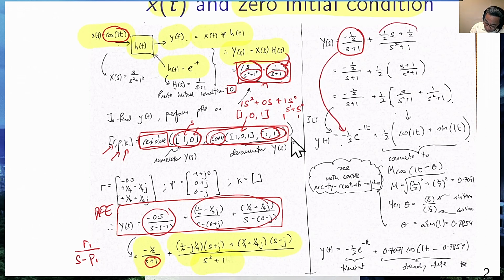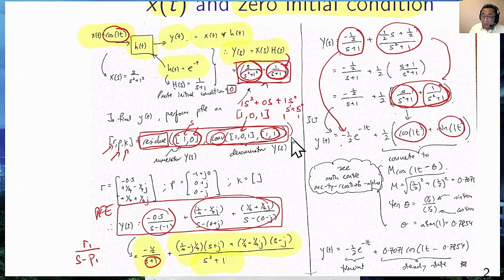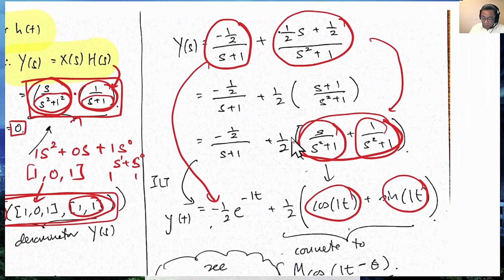On the right-hand side, it's also quite easy. If you convert this into this form, this is a cosine 1t and this is a sine 1t. So we have an expression here plus a cosine 1t plus a sine 1t.